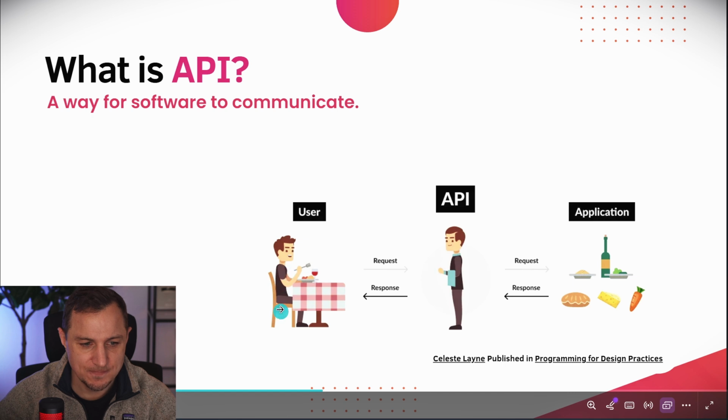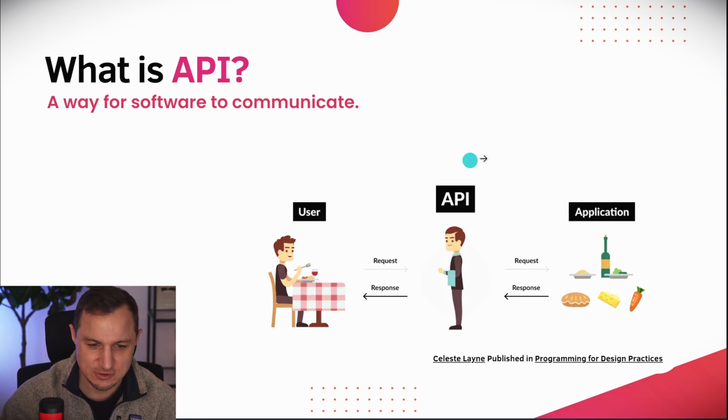We have the user, for example, in a restaurant, and he makes a request via the API. So the server, in this case, not the computer server, but the person working as a server in the service industry, is going to the user and taking the request to then send it over to the kitchen. And the kitchen then prepares everything.